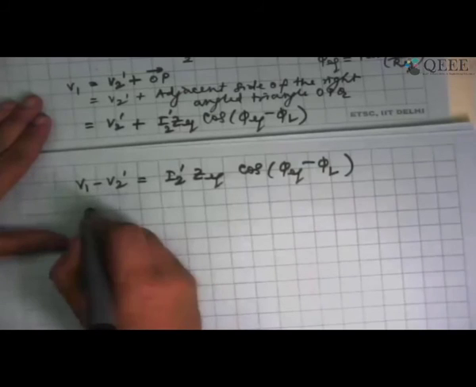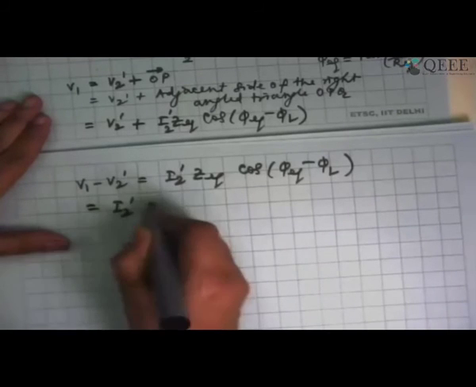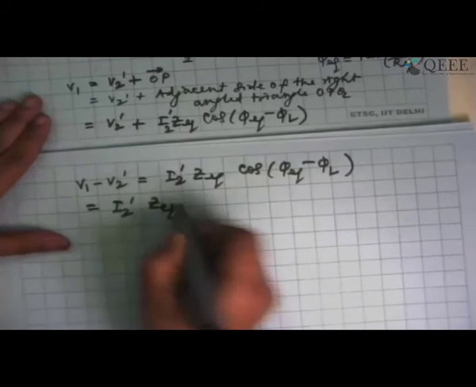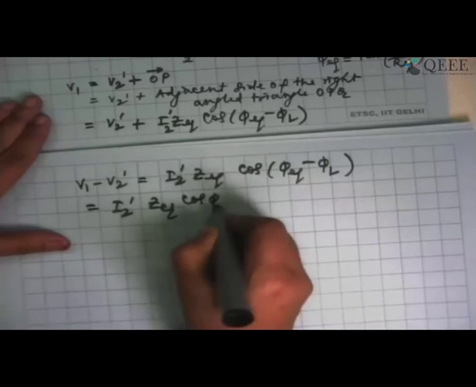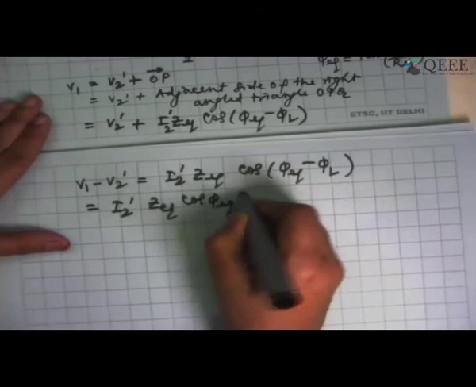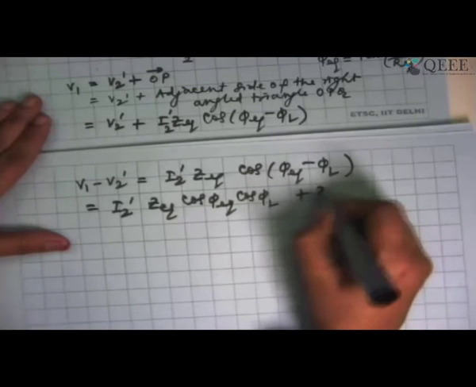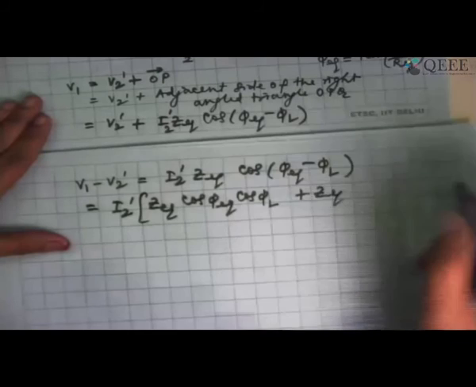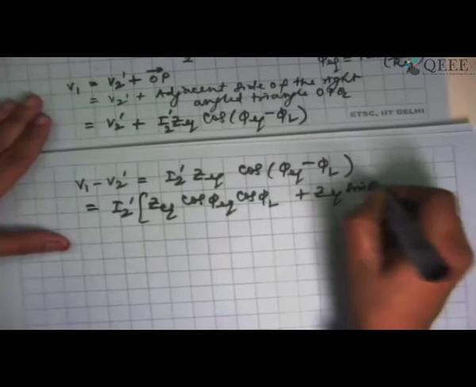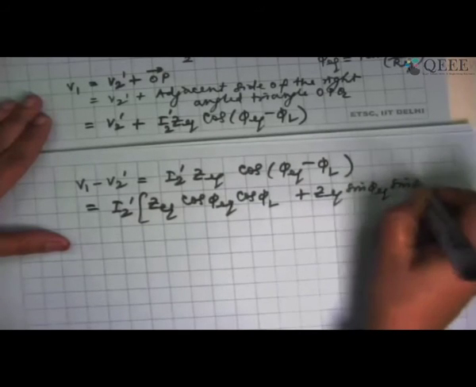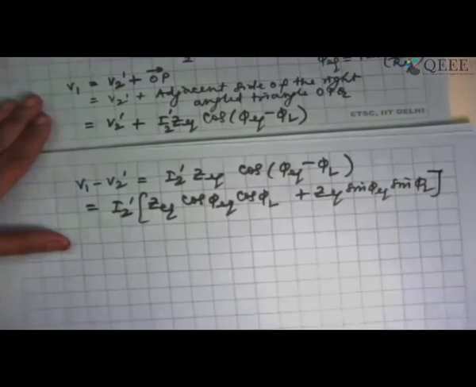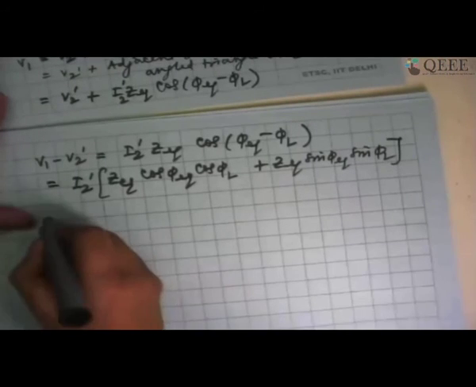So let me expand this. I2 dash Z equivalent cos phi equivalent cos phi L plus Z equivalent sin phi equivalent sin phi L. So let me write this again.